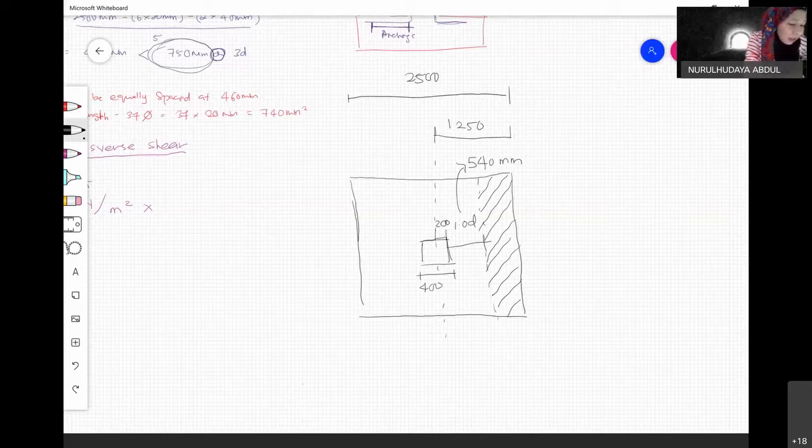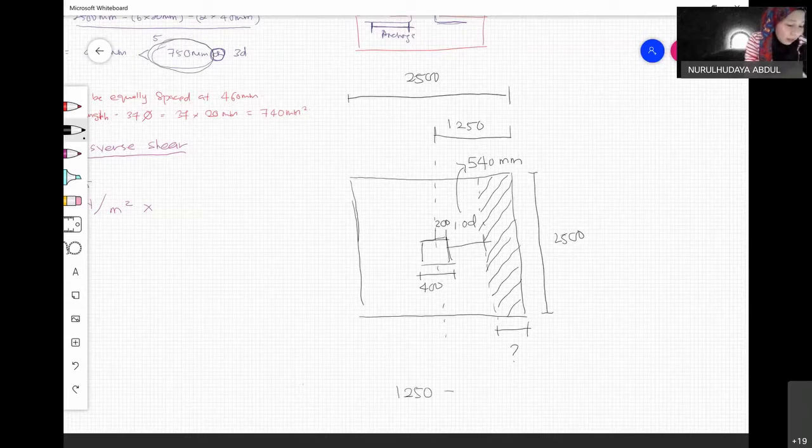So how do we get this? Because we want this area, right. This area we already know is 2500, but the area that we don't know, we need that particular area to calculate the transverse shear. Okay, how much is this area? So how are we going to do that? 1250.